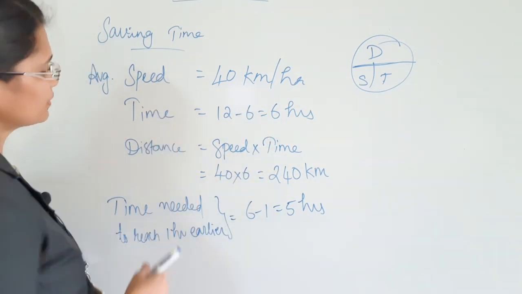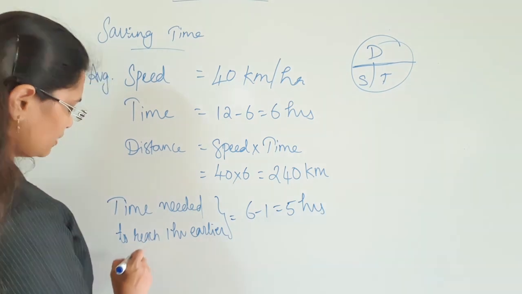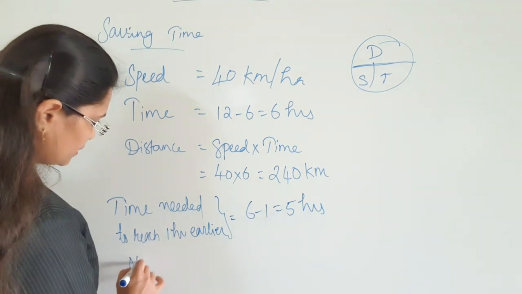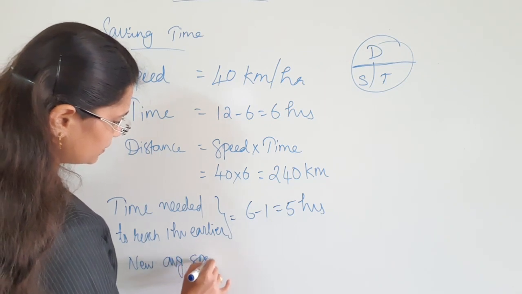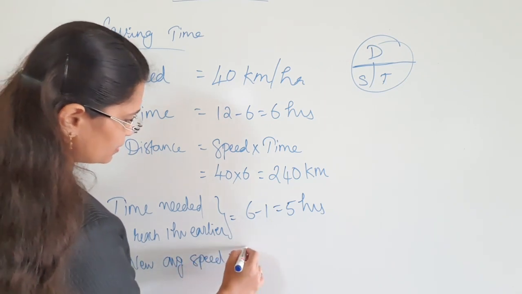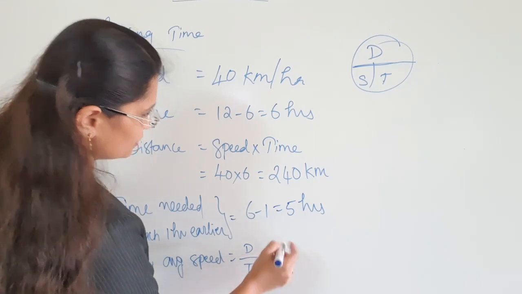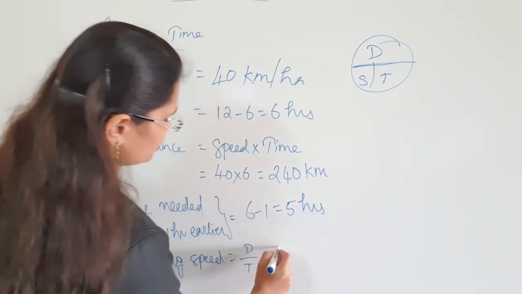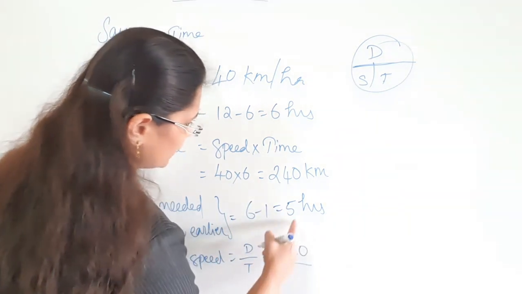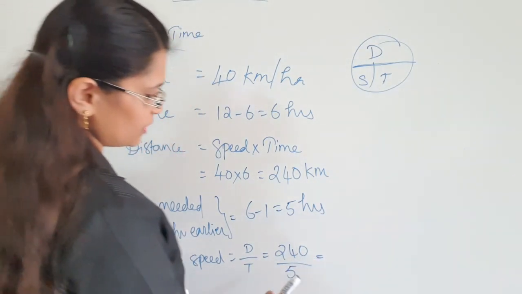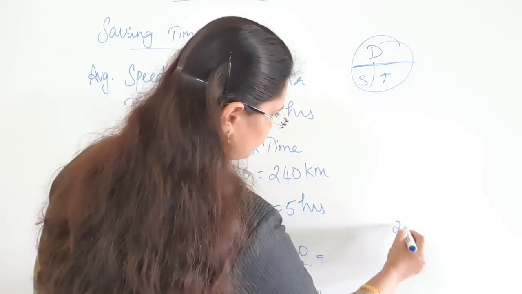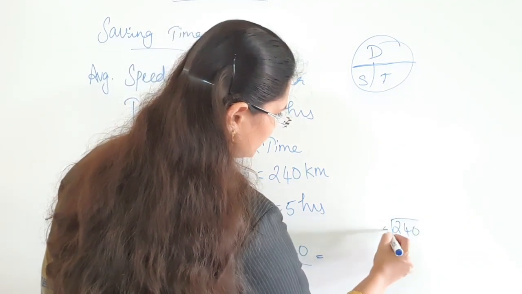So what will be the new average speed then? The new average speed is equal to distance by time. What is the distance? 240 divided by time, 5 hours. 240 divided by 5.